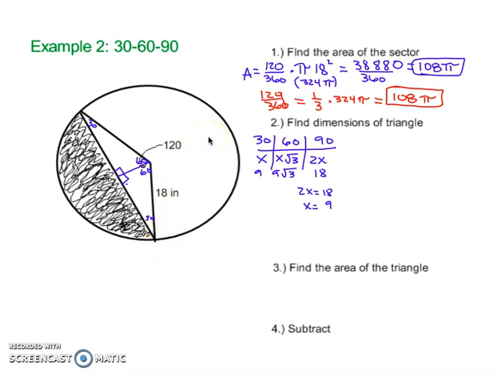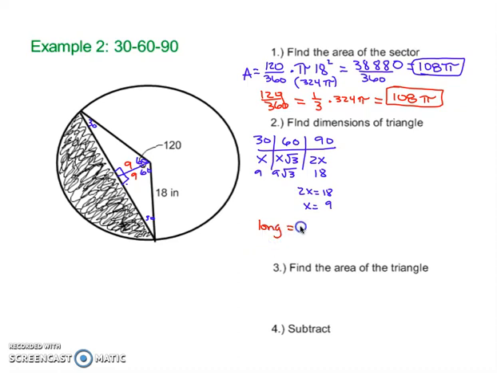So our long side, I can write that down here, our short side is going to equal 9, which would be, let me change my color here. So this side is going to be 9. And then our long side here is going to be 9 square roots of 3. And I'm just going to write it like this.